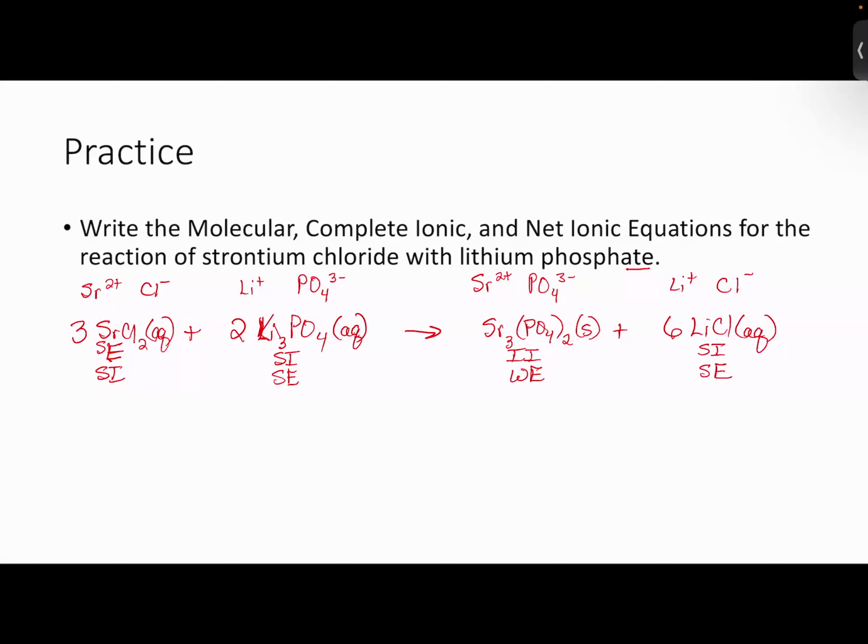In going to the complete ionic equation, we're going to have to break up strontium chloride, lithium phosphate, and lithium chloride. Okay. So strontium chloride. Again, folks, this is half of it. You already know the ions. You've already determined the ions.